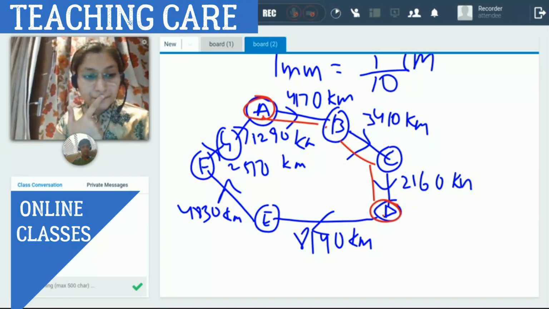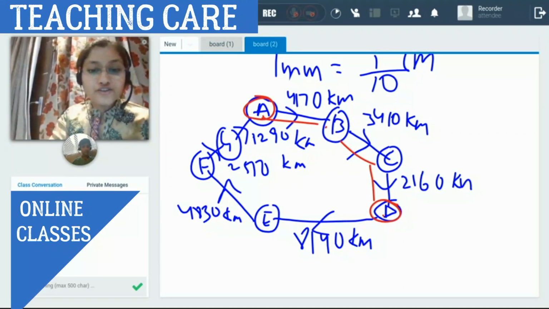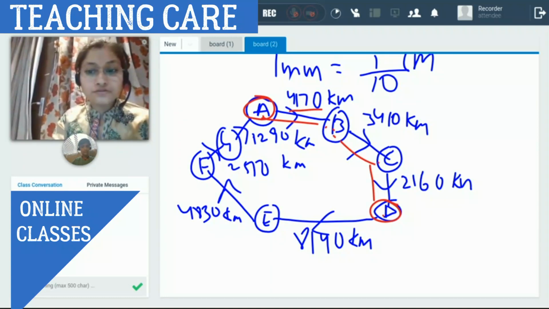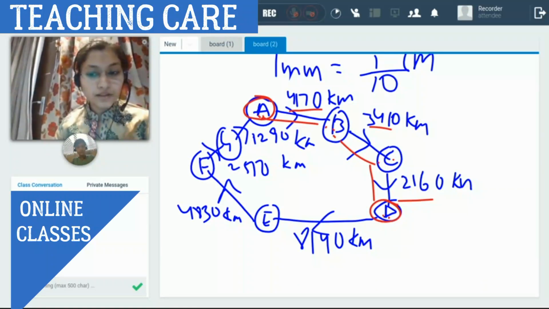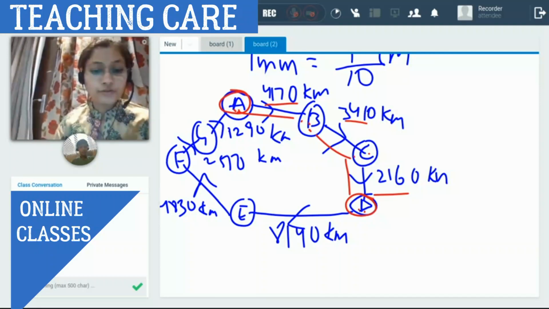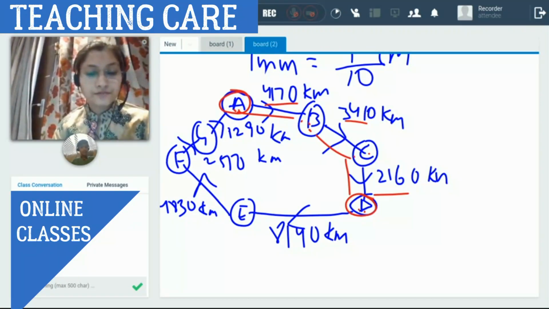Okay, I mentioned that the bus has traveled A to B 4170 kilometer, then B to C 3410, then C to D 2160. So if I ask you how much the bus traveled from A to D, you can calculate it. What will be the total distance traveled by the bus from A to D? 7,580.